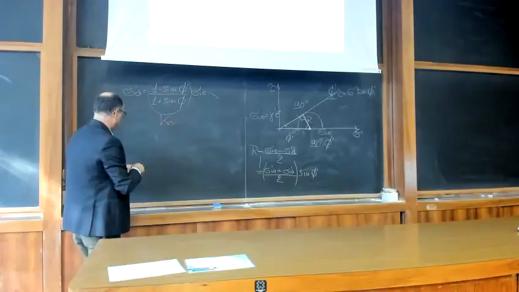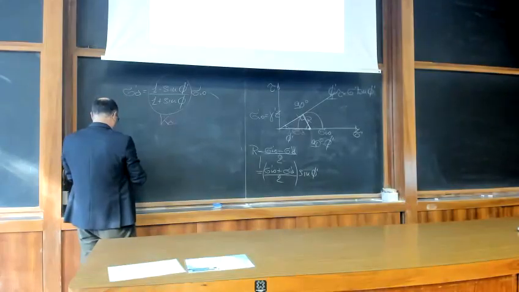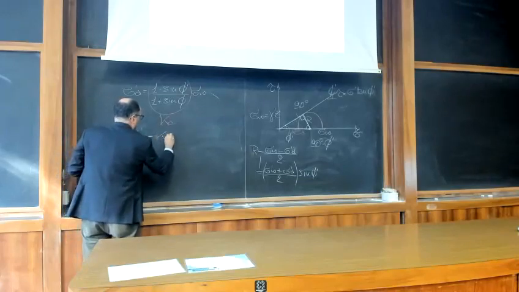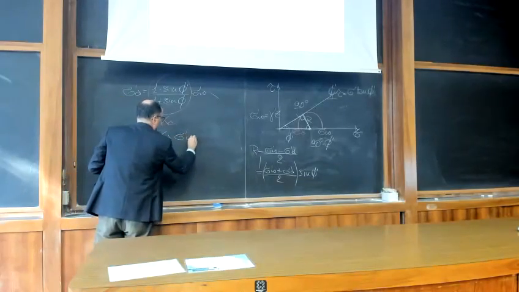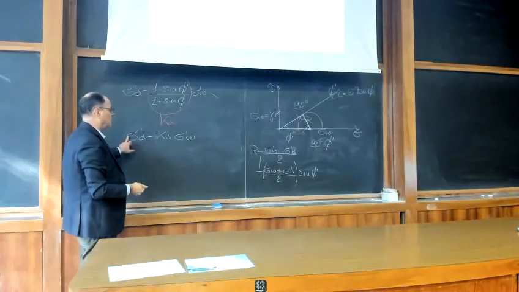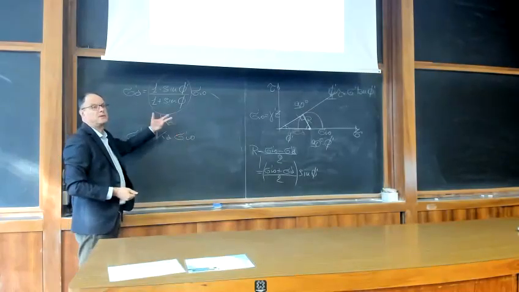And you see, you can write, in fact, sigma A equals Ka sigma V naught, because Ka is the ratio between the horizontal stress and the vertical stress in active conditions.